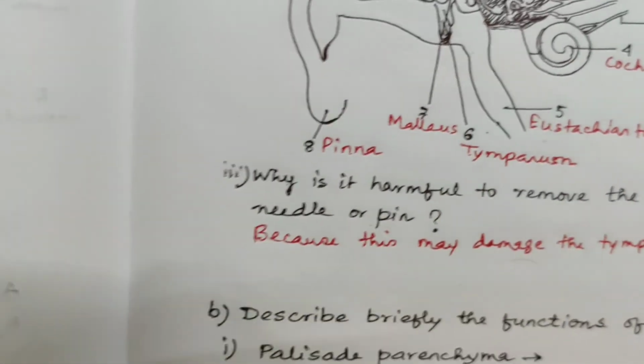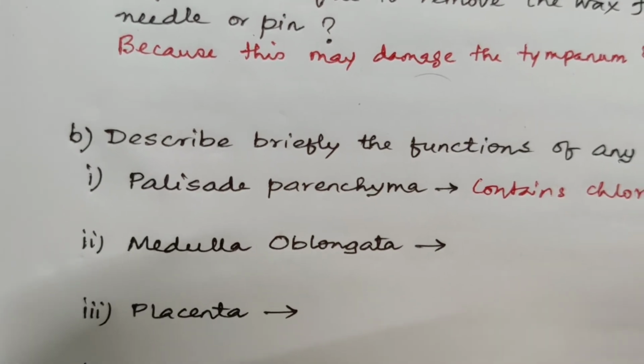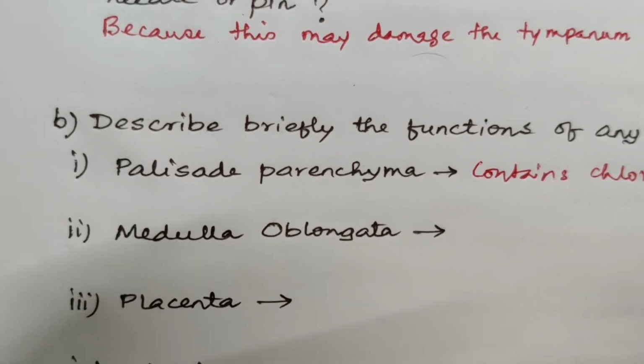So that is finished. Now coming to describe briefly the functions of palisade parenchyma. Palisade parenchyma contains chlorophyll and helps in photosynthesis.